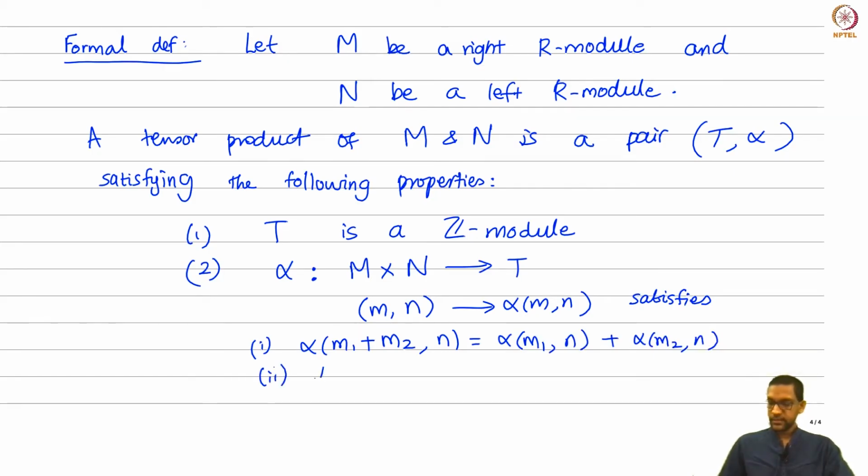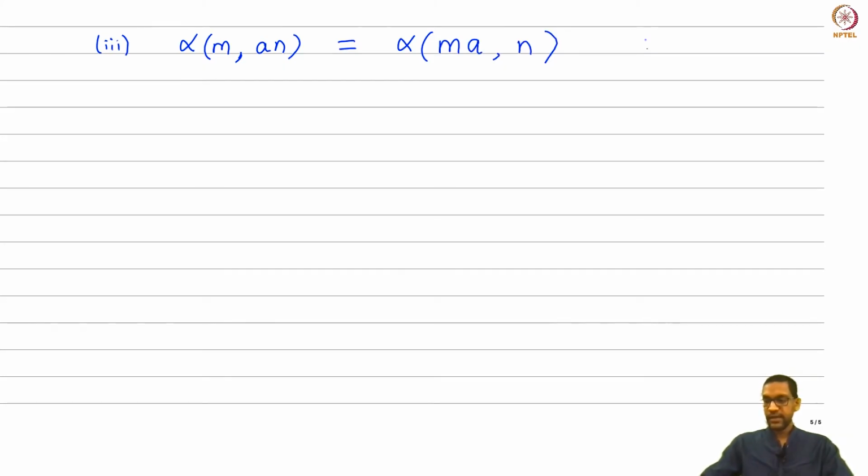If I replace n similarly, okay, and the third property is what we just talked about heuristically, which is that if I scalar multiply n by a scalar a, then that answer should be the same as right multiplying m by a and leaving n as it is. So this is now true for all scalars a from the ring R and for all m in M, n in N.